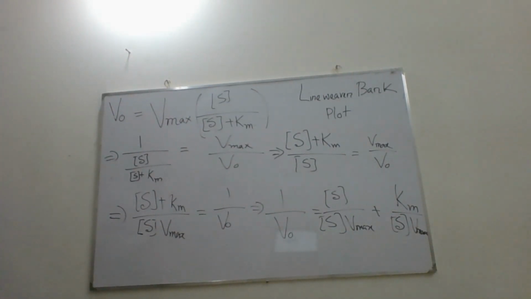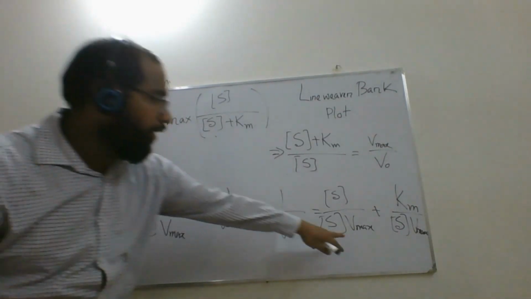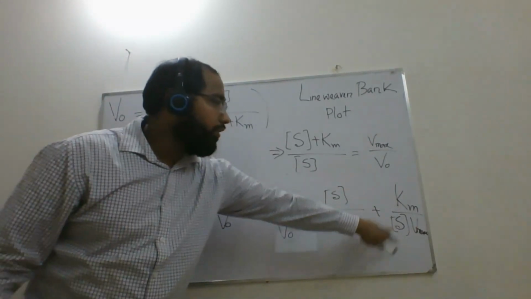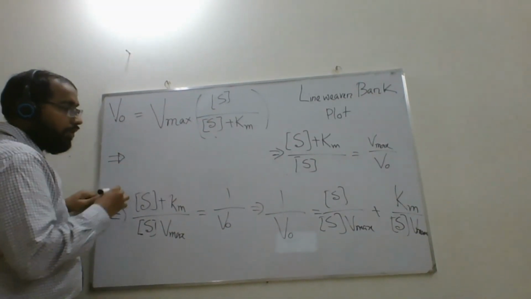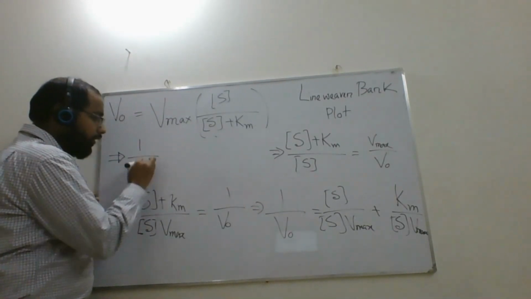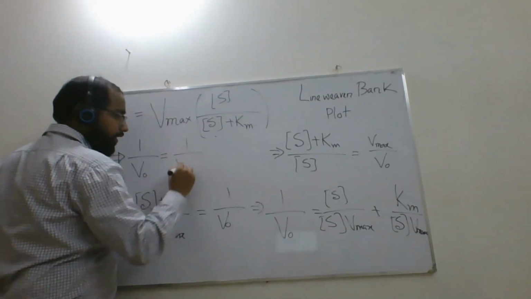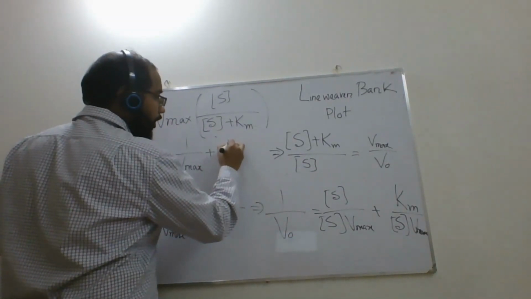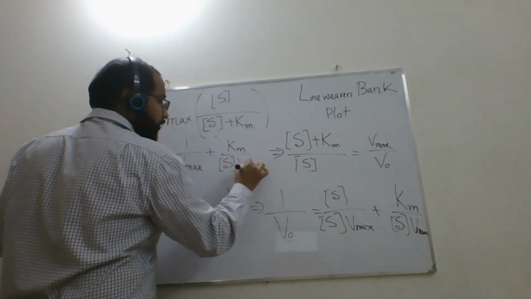Now the final expression: you see this s and s can be nullified. So for the Lineweaver-Burk plot, the final expression is 1 by v0 equal to, s and s gone, 1 by vmax plus km divided by s vmax.